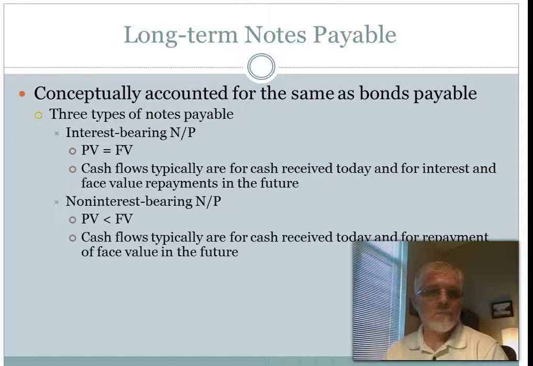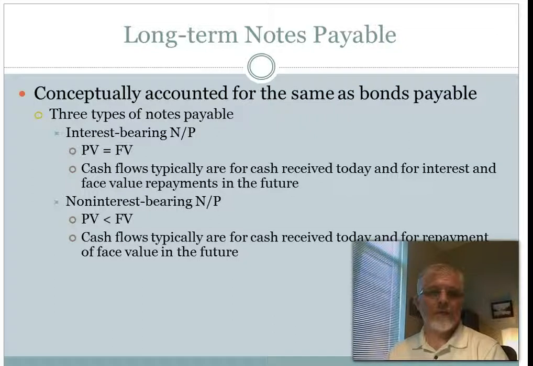Second common type of long-term note payable are the non-interest-bearing notes payable, or the discounted notes. This is again going back to the discounted notes that we talked about previously. Once again, the difference between a long-term and a short-term discounted note is just the length of time that the note is going to be outstanding. Similar kinds of issues we have to deal with.